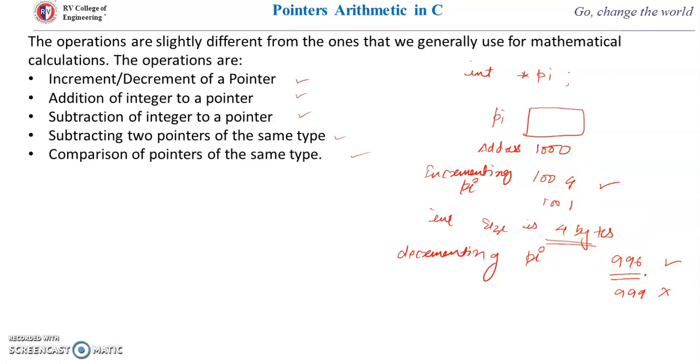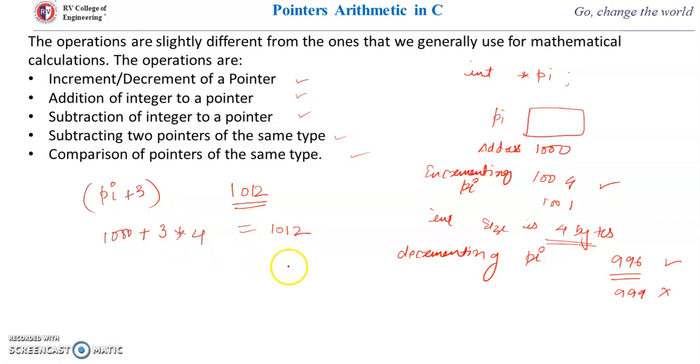If I say the expression pi plus 3, pi plus 3 will represent the address 1012. How? Because the address of pi is 1000 and the size of integer is 4 bytes, so it will be 1012.